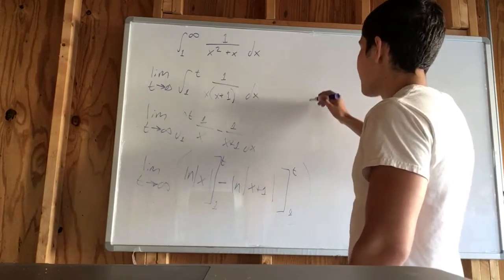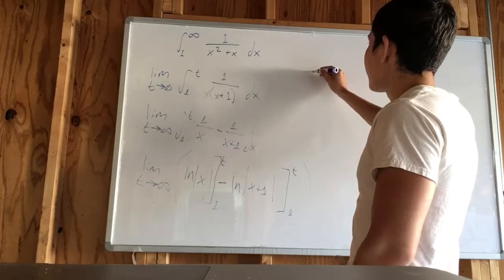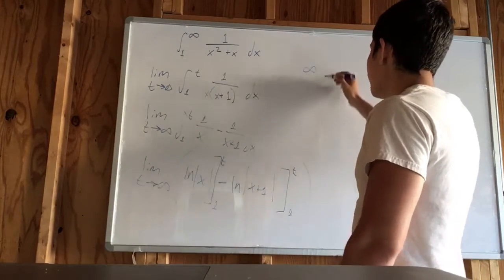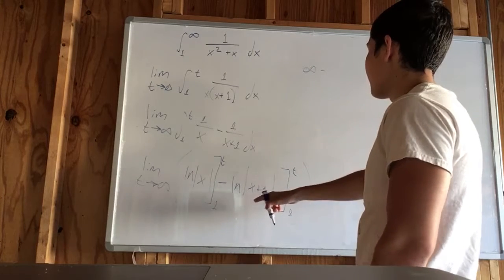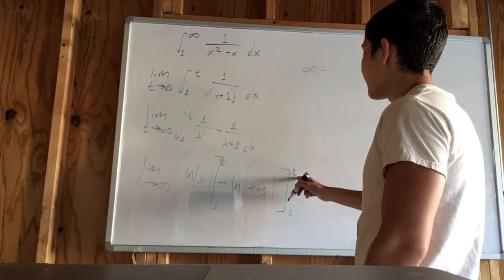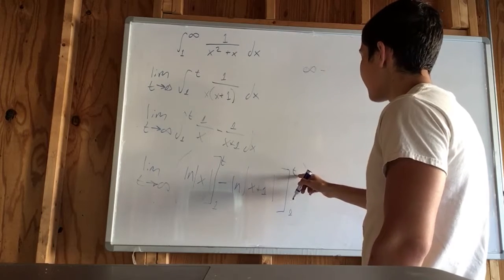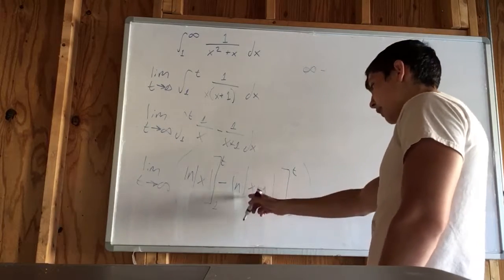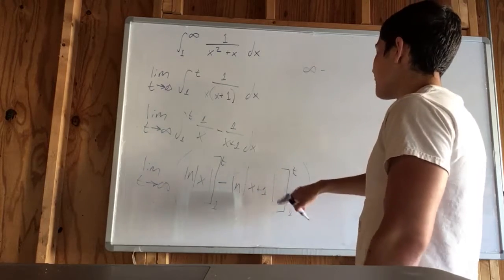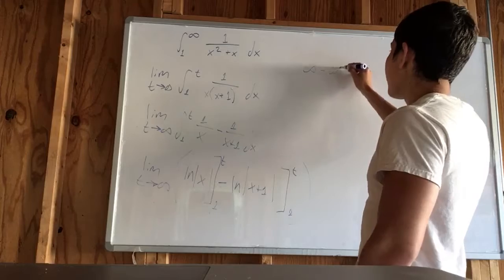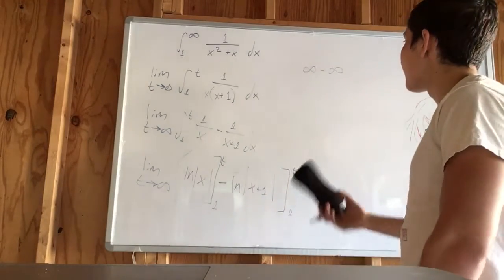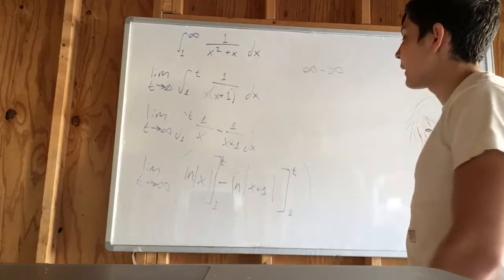So that would give us infinity minus infinity, because we're letting the limit as t approaches infinity of this go in here, right? So this would be infinity, and then this would be 0. You're subtracting 0 from infinity, you get infinity minus infinity. You would think, oh, I'm done. Or you might have thought, I'm done back here.